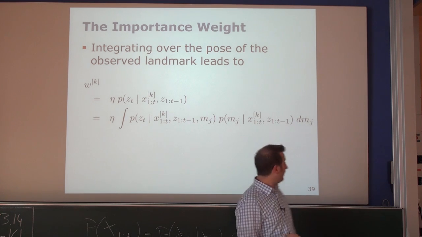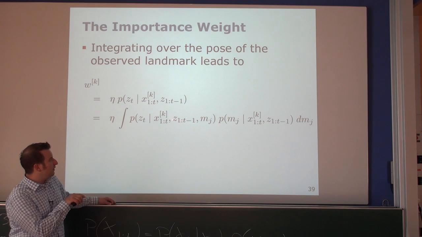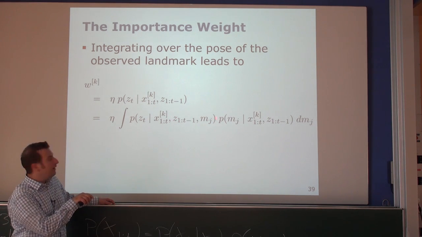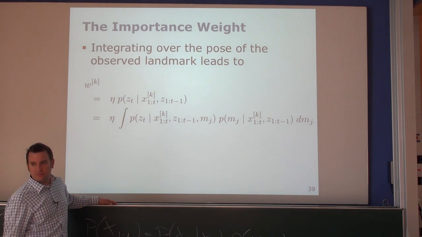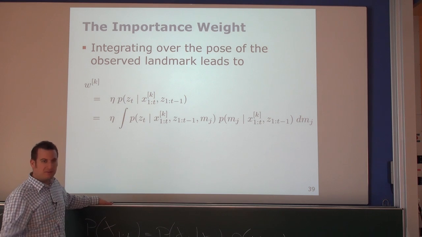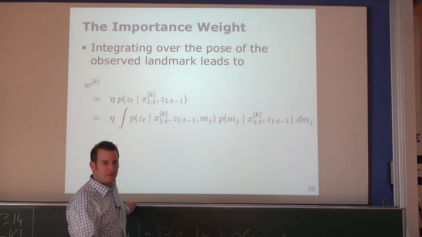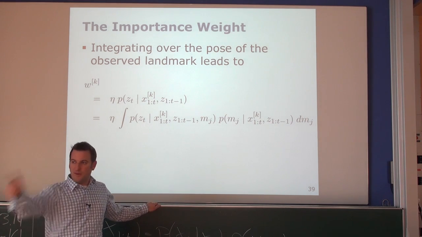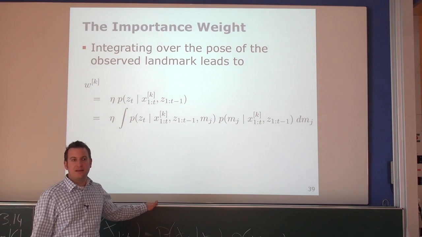Now I can look at these terms and say, given I know the current pose of the system and given I know where the landmark is, I can get rid of all previous poses and all previous observations. It's exactly the same assumption we made in Monte Carlo localization and all our models. Given we know the state, so given we know where the landmark is and where the robot is, we can compute the likelihood of an observation.